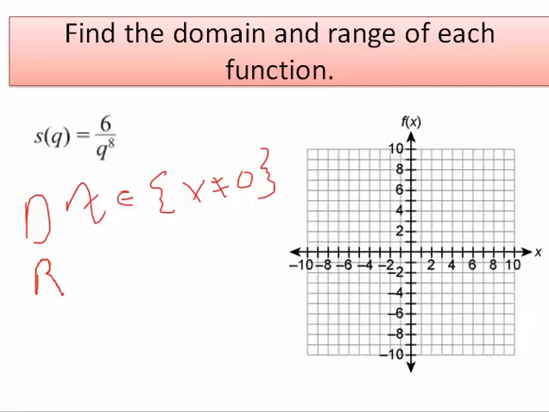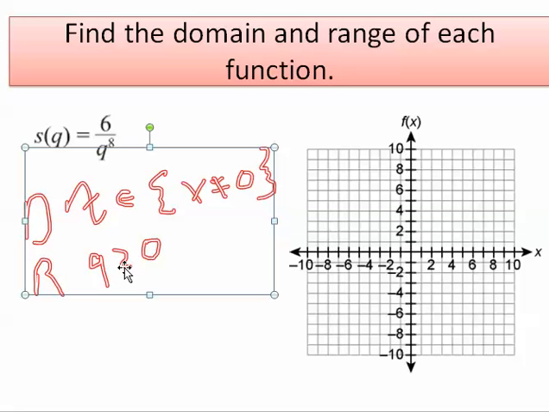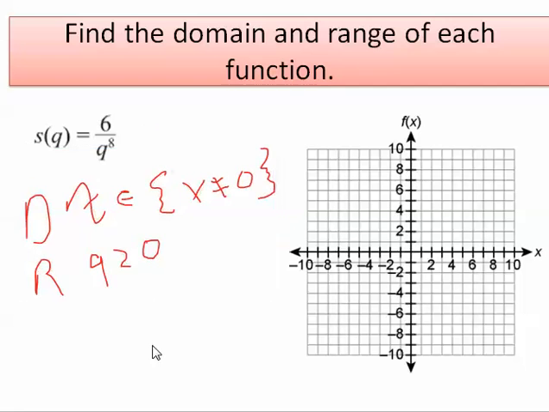As far as the range is concerned, it's an even power, so it's going to be all q values greater than 0. Okay? And that's just a greater than sign. It's not a greater than or equal to. Oops, let me erase that one.